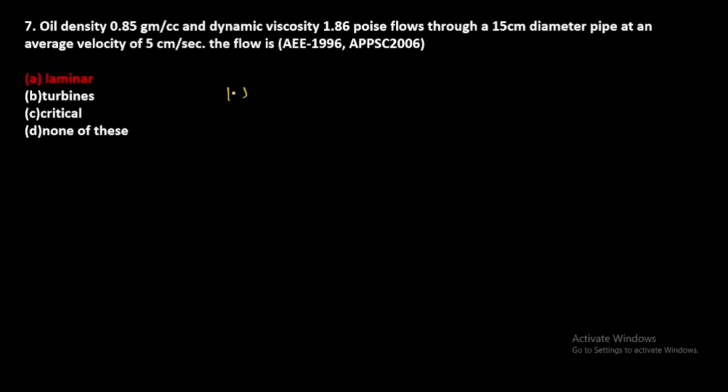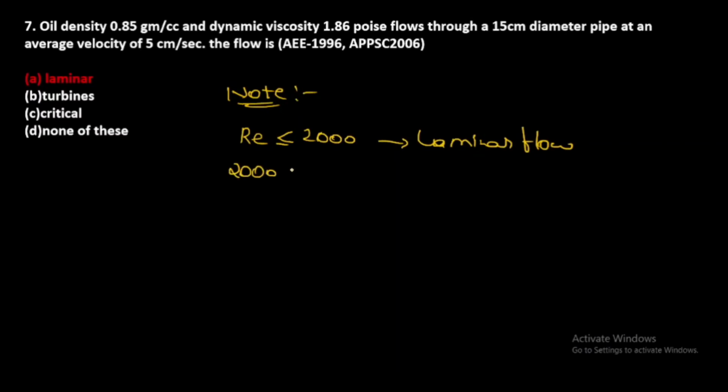So we need to remember some points in this note. Reynolds number less than or equal to 2000, it is called laminar flow. Reynolds number between 2000 to 4000, it is called transition flow.